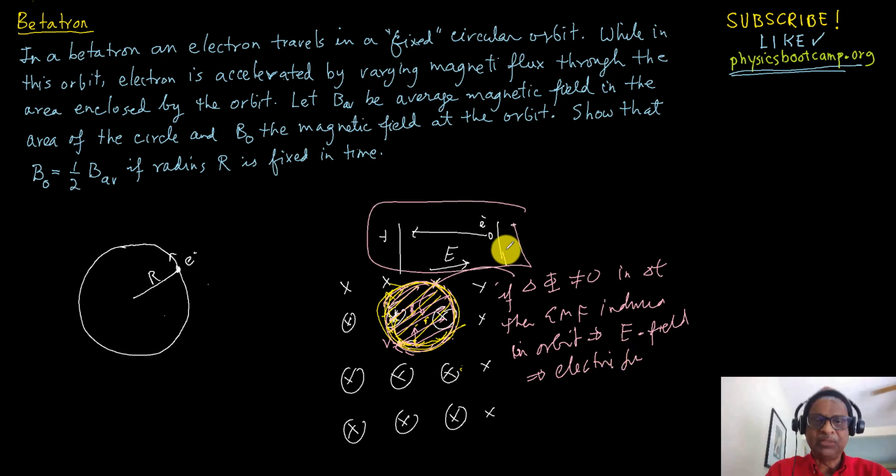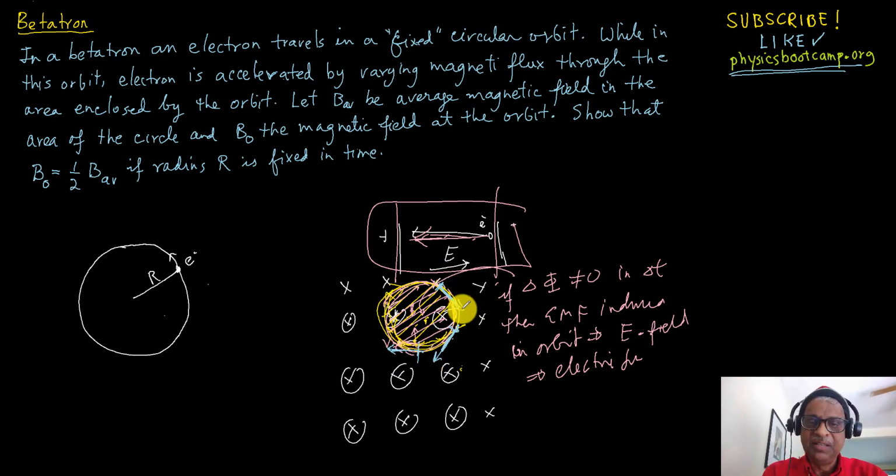Unlike the situation where the whole electric field at every point is pointing that way, in this situation the electric field over here will be pointed that way, over here that way, and over here that way.